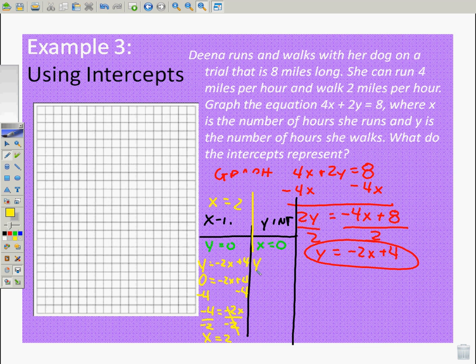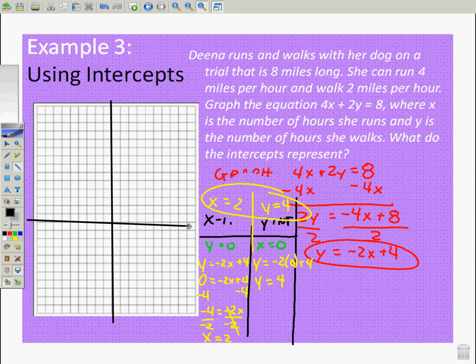Now, y-intercept is when x is equal to 0. So y is equal to negative 2 times 0 plus 4. So y is equal to 4. Okay, now I've got my x and y intercept. I'm going to go ahead and graph this. And when I graph this, I've got my axes in.